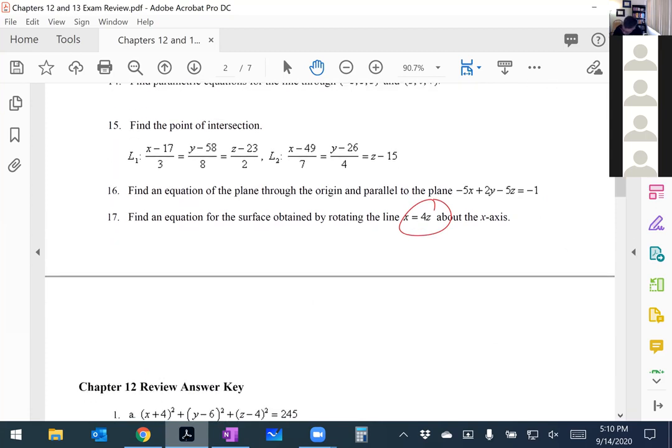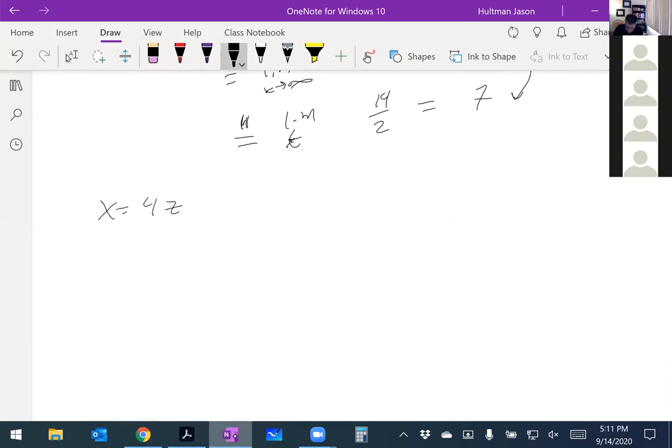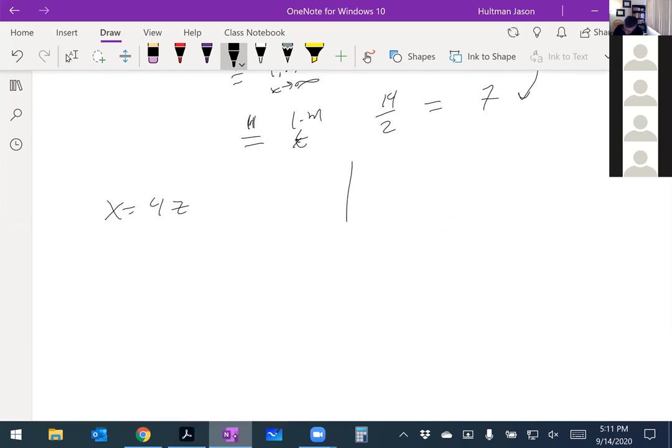About the x-axis. Okay, so just draw your axis. So x equals 4z. So what is that going to look like in 3 space?